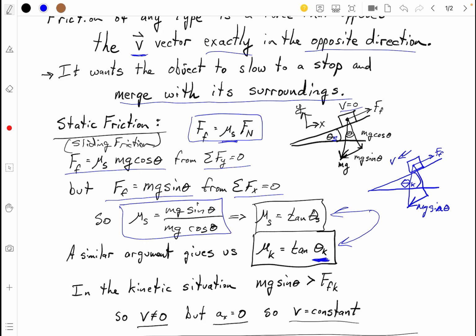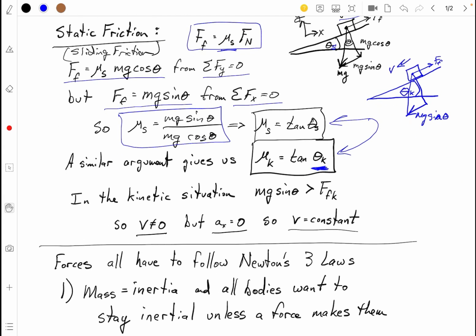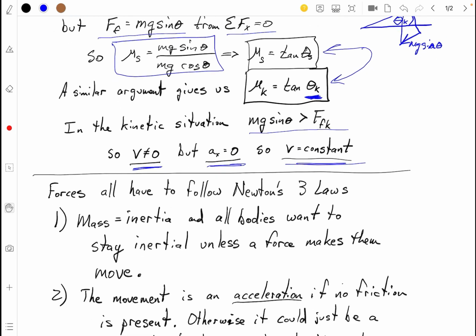Maybe you gotta nudge your box just a little bit, and then it'll slide on down. All right, so in the kinetic situation, this is true. So we have our terminal velocity and no acceleration, and v is constant. I already went through that, so we're good there.